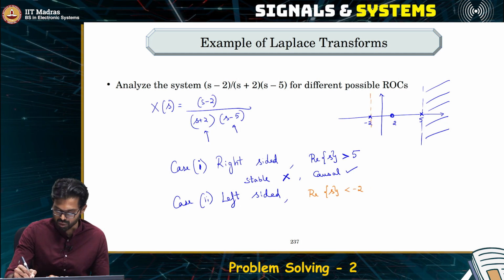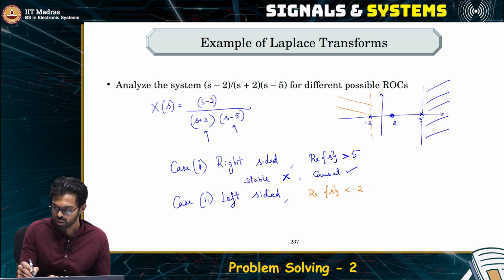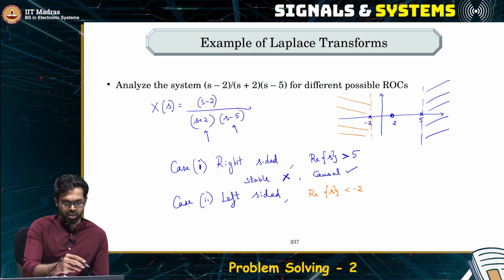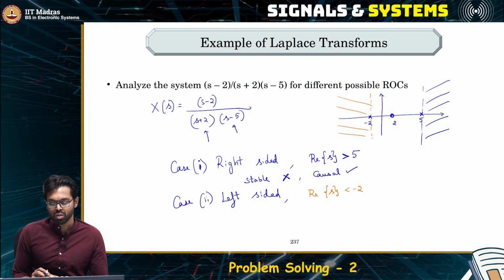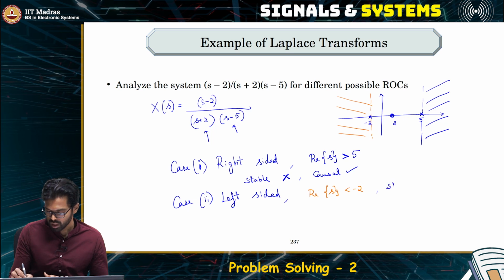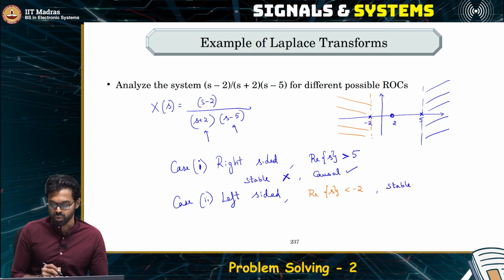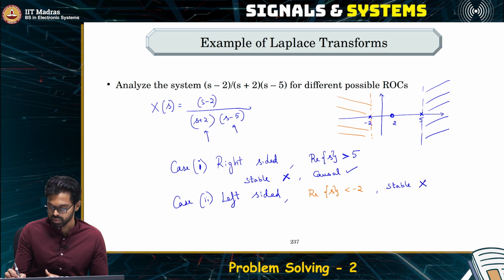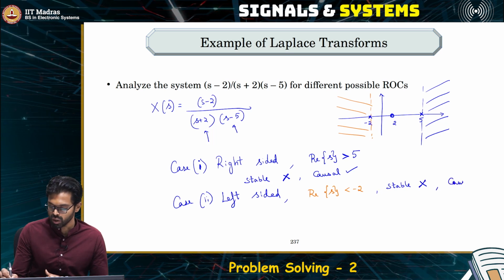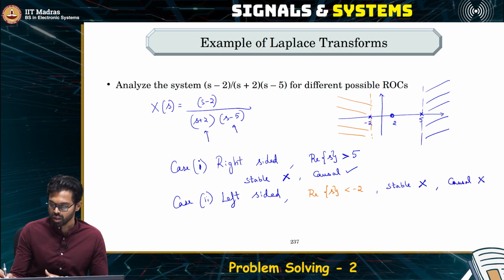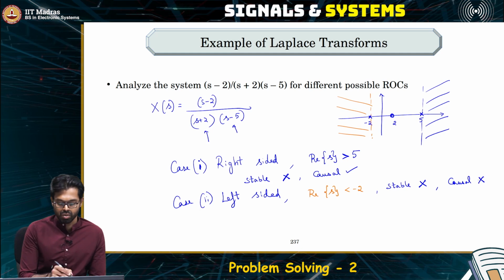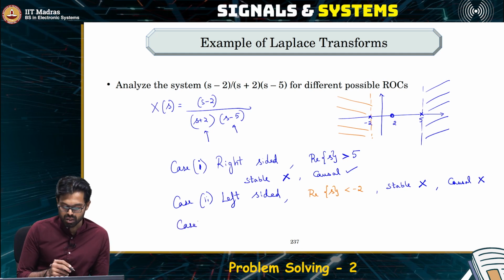This will be the ROC for case 2. Now, is this stable or causal? Clearly this also does not include the j omega axis, so this is not stable. This is also not causal because this is a left-sided signal, and our property says that such systems are not causal.